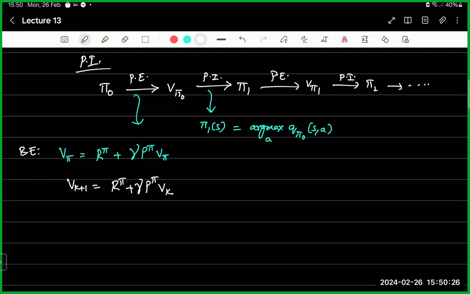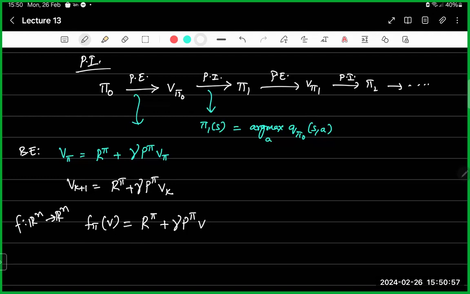So there was one more condition. We showed that this particular mapping is a contraction mapping. If we define f pi of v as r pi plus gamma p pi into v, it's a function in Rn, which takes an n-dimensional vector and gives you another n-dimensional vector.